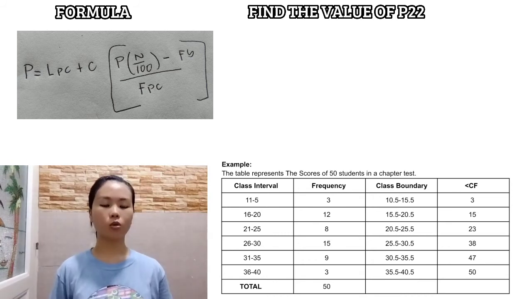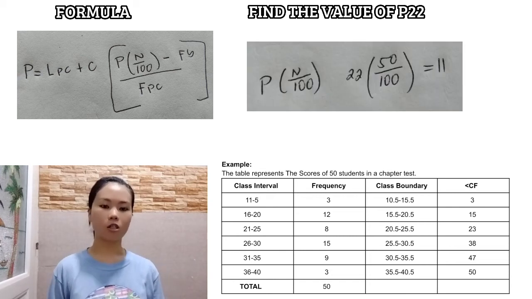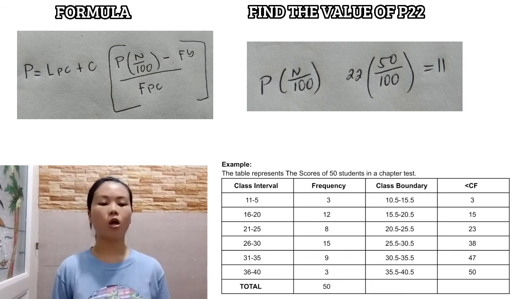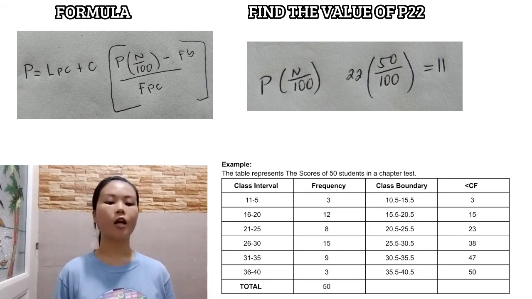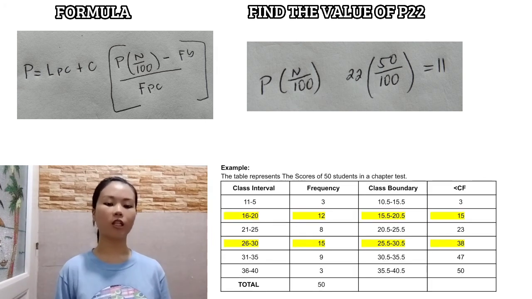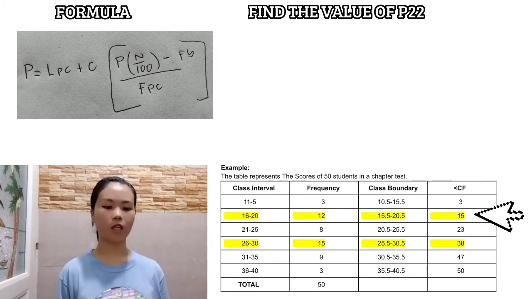So we're going to use the percentile formula for group data, which is P, open parenthesis N over 100, or 22, open parenthesis 50 over 100, is equal to 11. So we need to find the less than cumulative frequency, the smallest number that is equal to 11 or greater than 11, and that is 15.